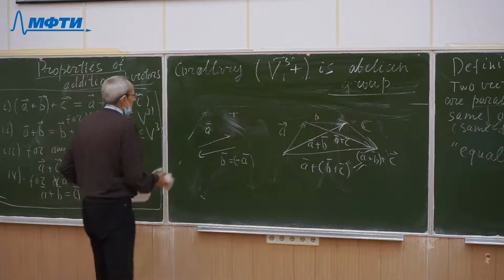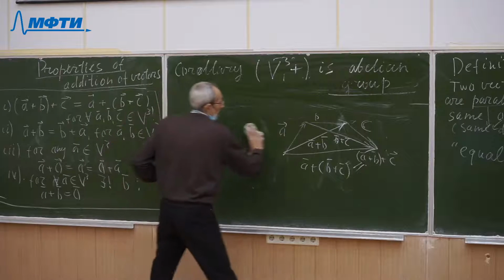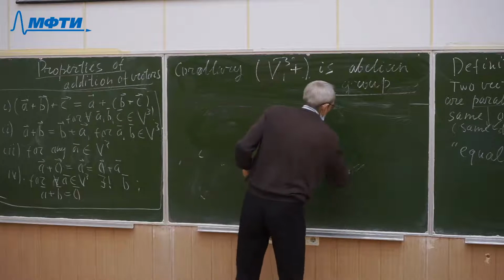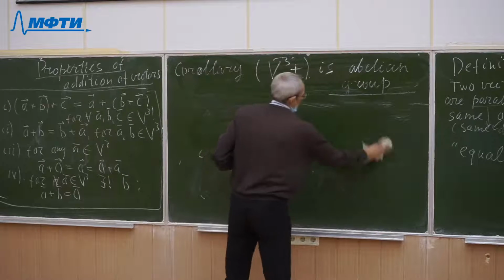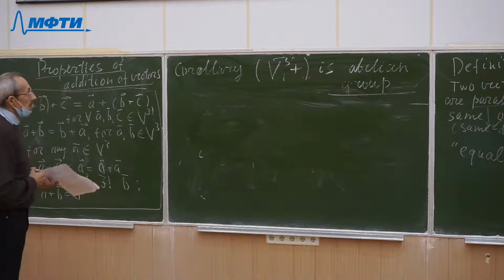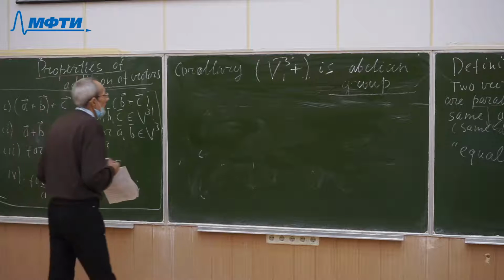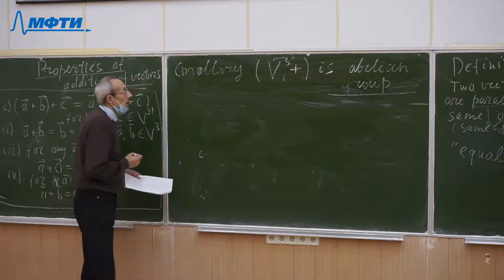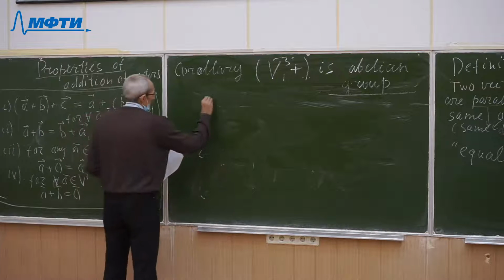But we need another operation on the vectors. This other operation is called scalar multiplication.